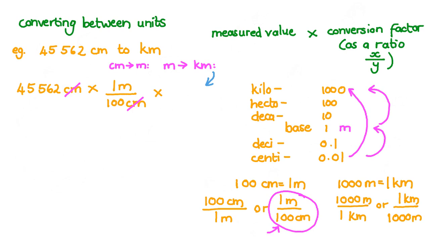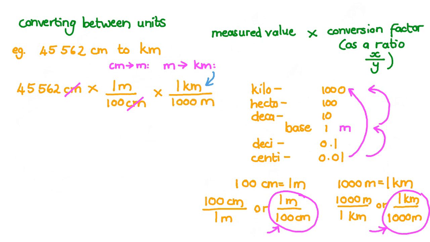Now we need to multiply by another conversion factor to convert meters to kilometers. We want our final answer to be in kilometers. So our aim is to get rid of this meter unit in the numerator, which means again we must choose the conversion factor where meters is in the denominator.